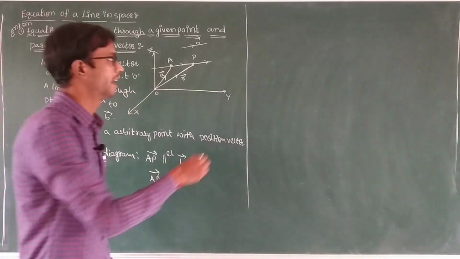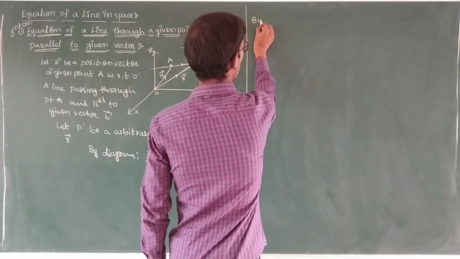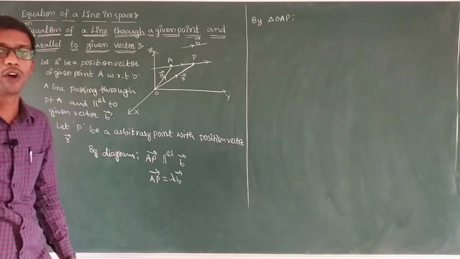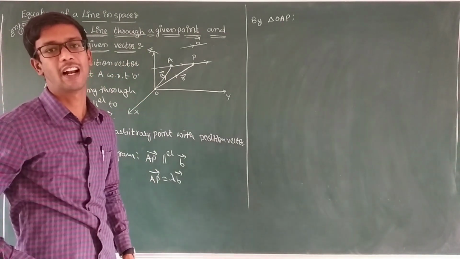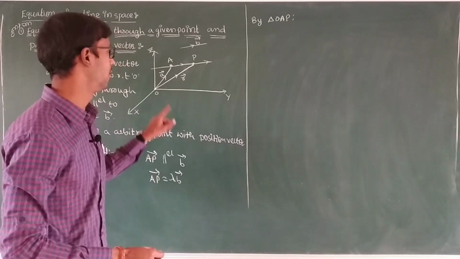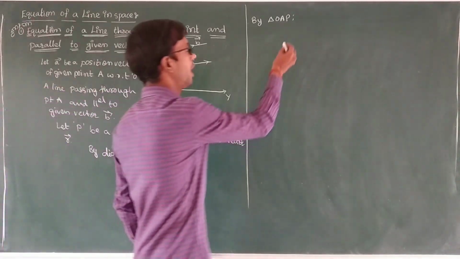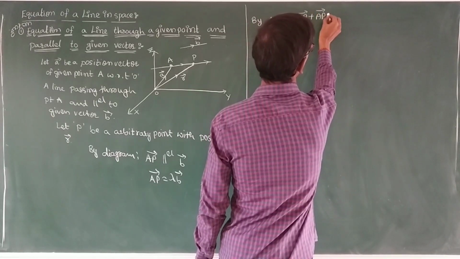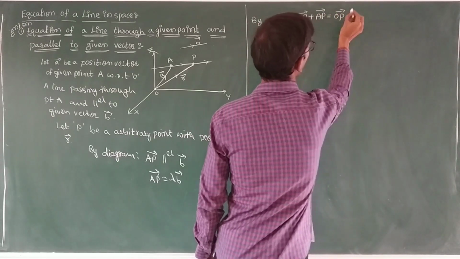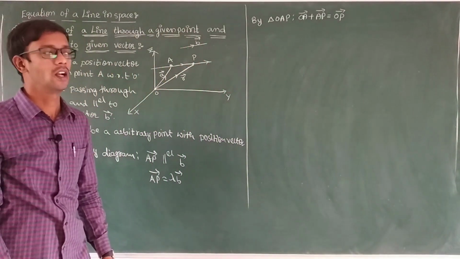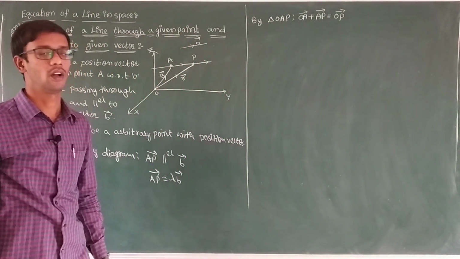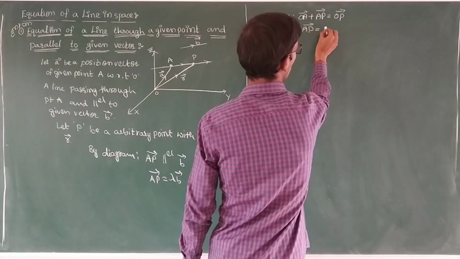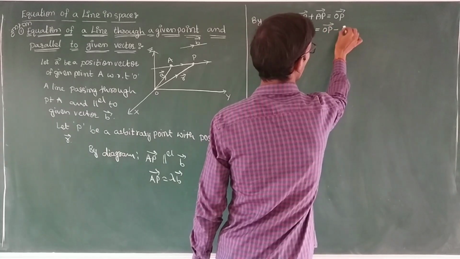Next step, by the diagram only, from triangle OAP, by the triangle law of vector addition, OA bar plus AP bar is equal to OP bar. This implies AP bar is equal to OP bar minus OA bar.